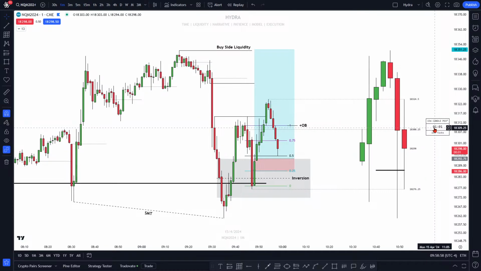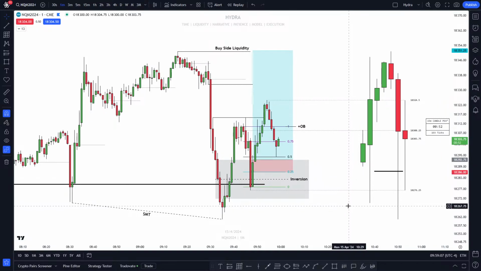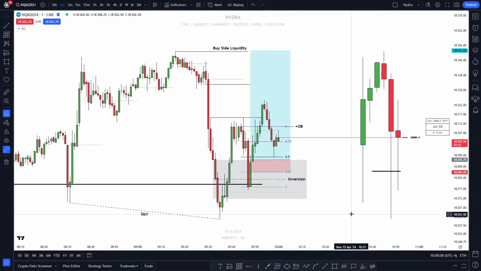We are closing this 50-minute candle in 1 minute. New candle.